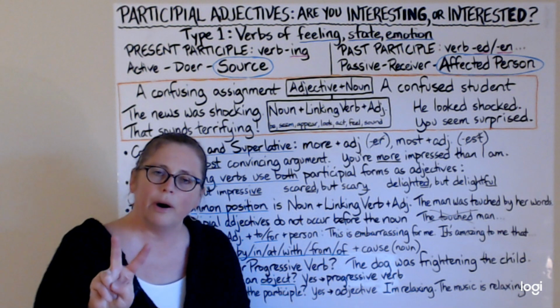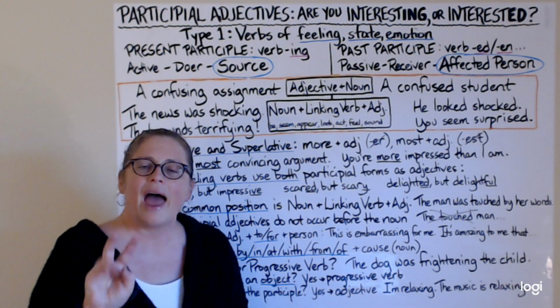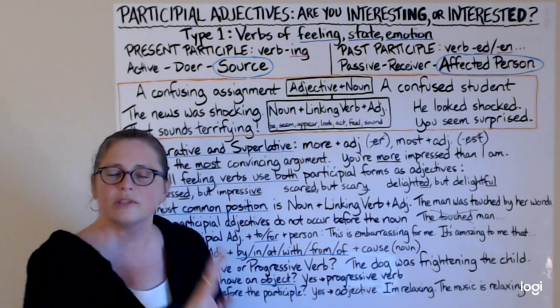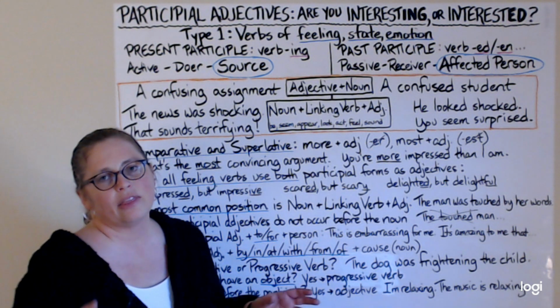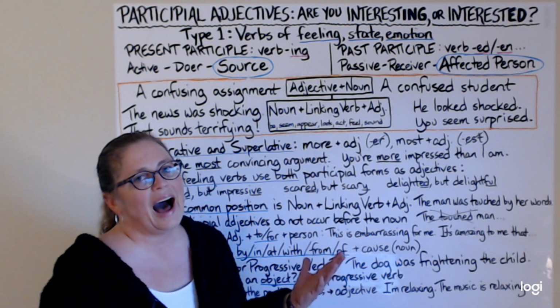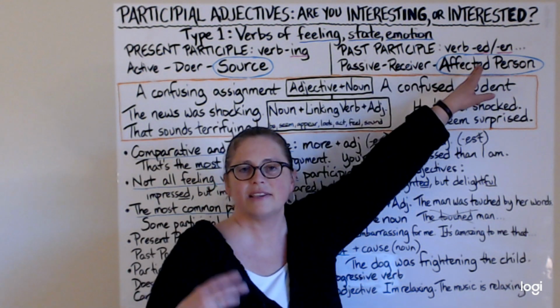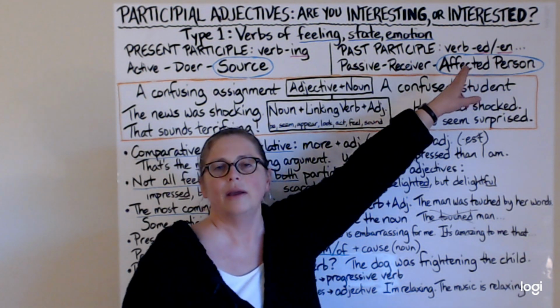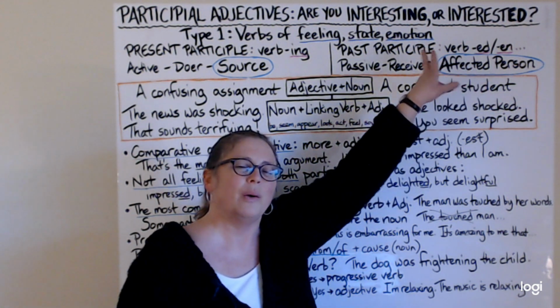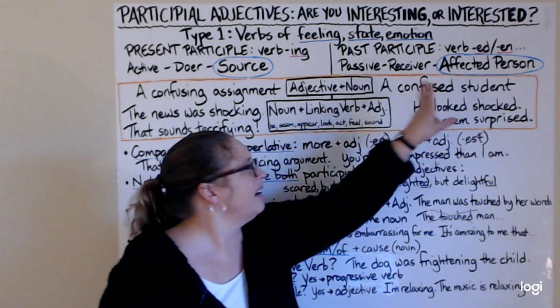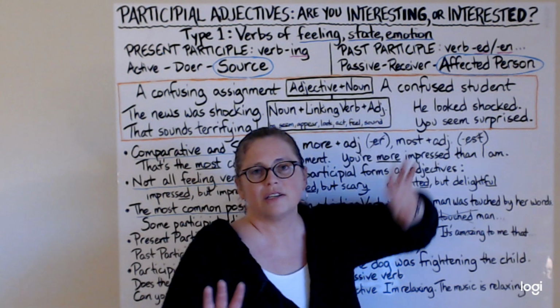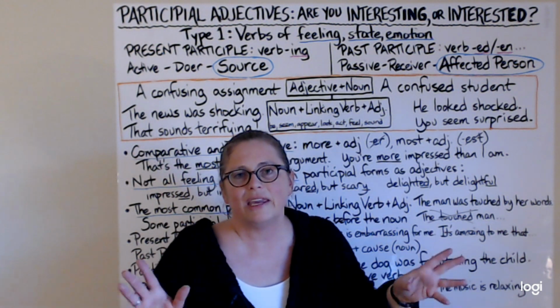These are the two participles of a verb, and these are what we can use as an adjective. Now, the present participle is the ing form. The past participle is that third form, like broken. But when we're talking about verbs of feeling, it's almost always going to be just a regular ed.